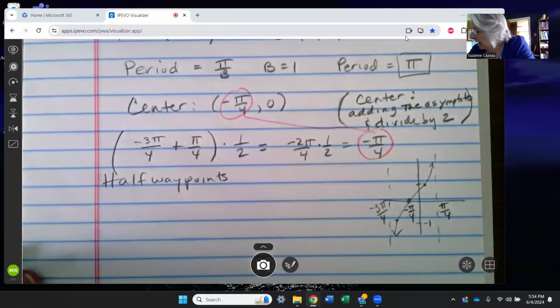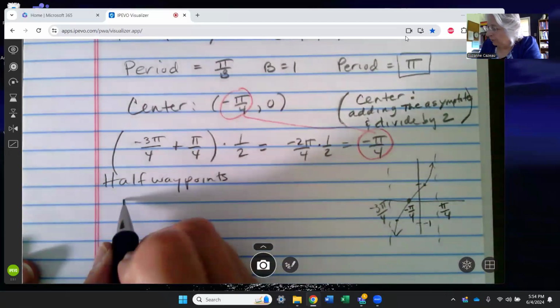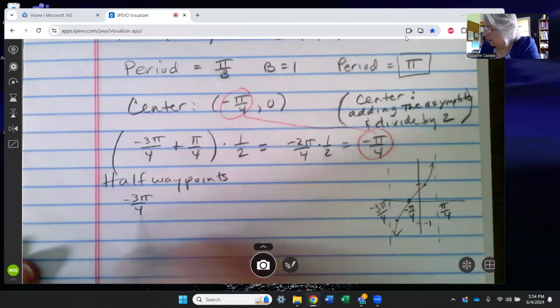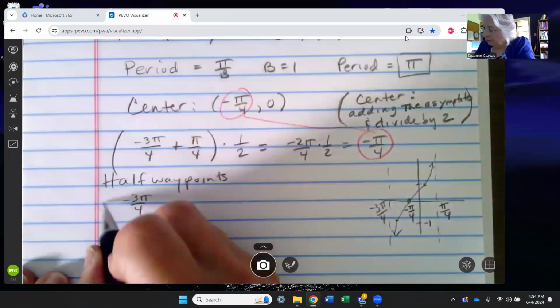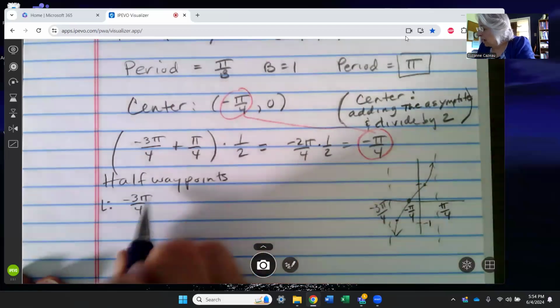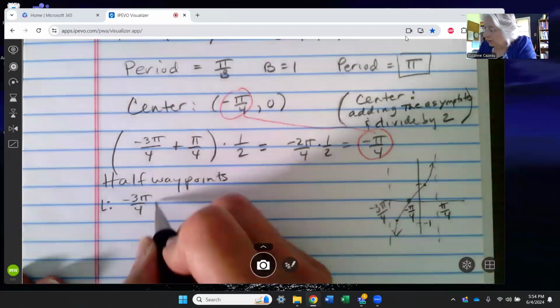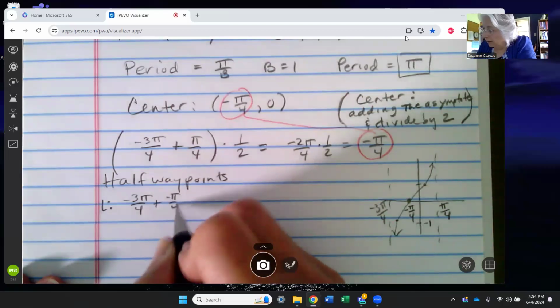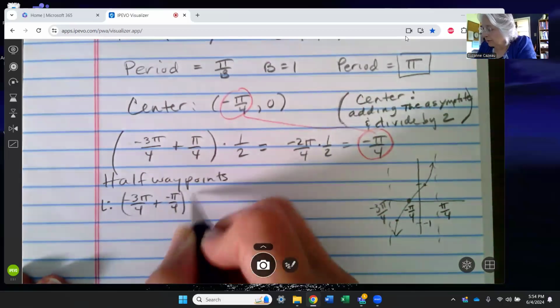So let's see, what do we got? Negative 3 pi over 4. So this is the left one. Negative 3 pi over 4 plus a negative pi over 4, right? And then times a half.